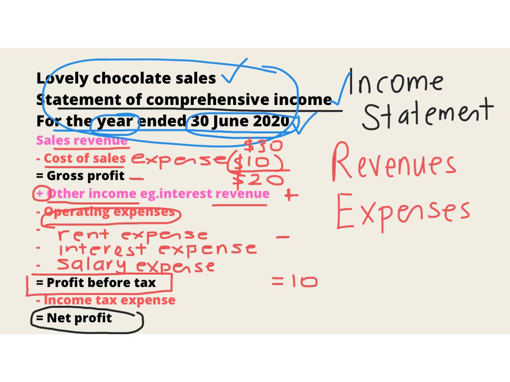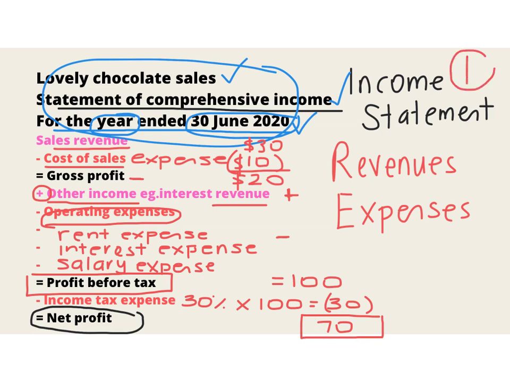If your profit is $100 and your income tax rate is 30%, your tax would be 30% times 100, which is $30. So your net profit, which could also be called your profit after tax, is your profit before tax minus your income tax expense. And this net profit shows the performance of the business during this year.